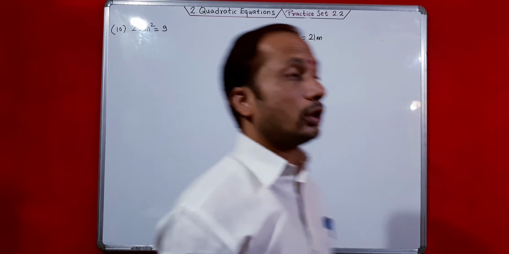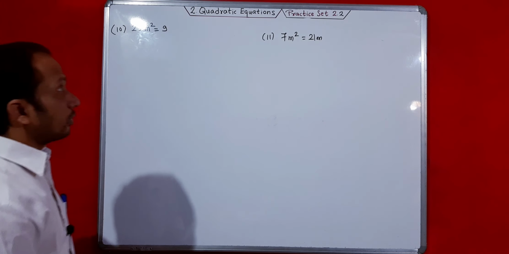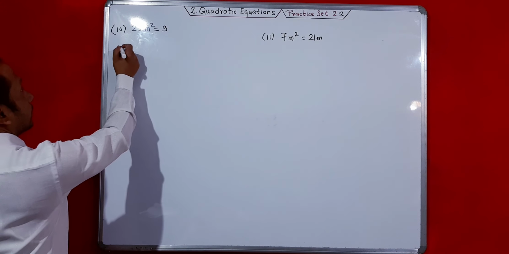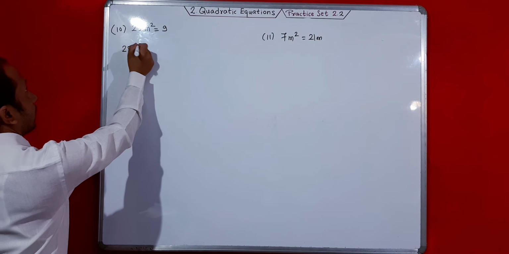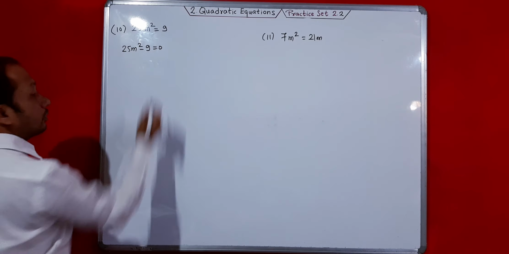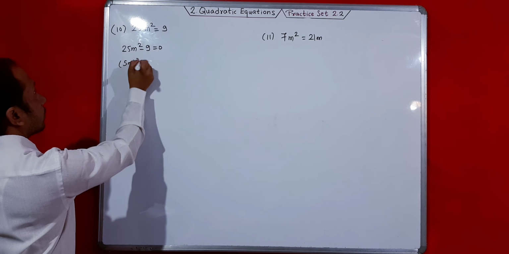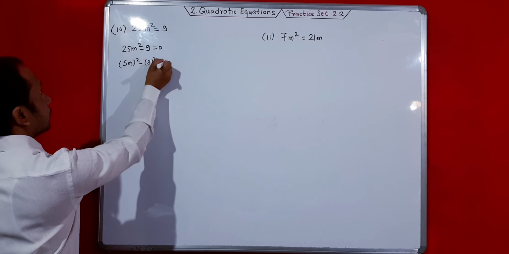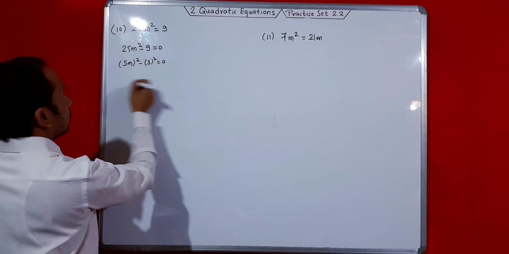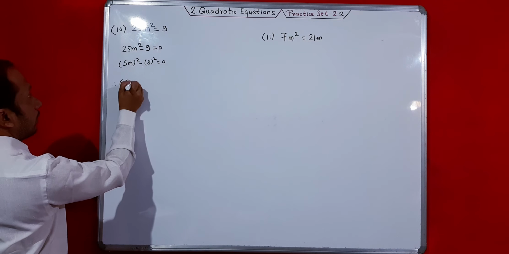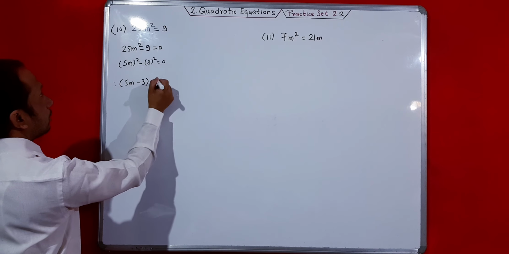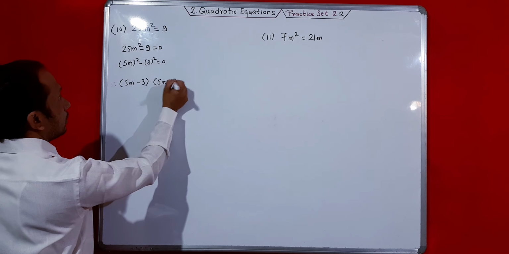Okay, so we'll solve problem number 10 and problem number 11. Solve this: 25m square minus 9 is equal to 0. So you can write this in the form (5m) square minus 3 square is equal to 0. Therefore 5m minus 3 and 5m plus 3 is equal to 0.